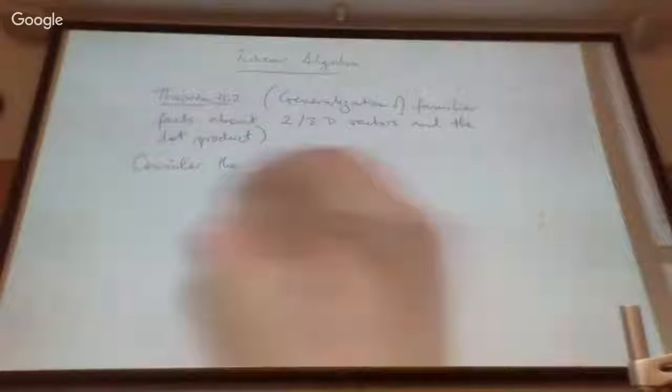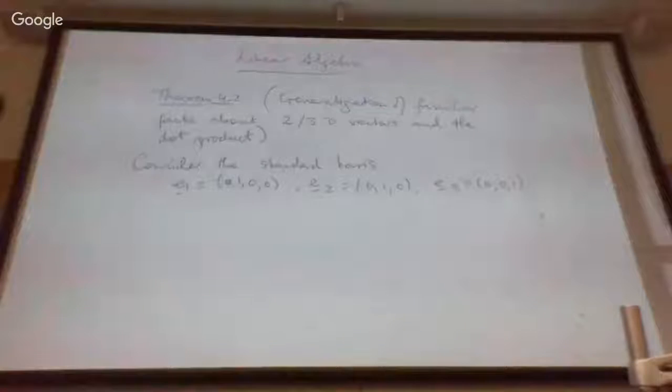People in the maths and graphics unit will be able to do this in their sleep. The standard basis in R3 is these three vectors. They're the nicest basis you could have.